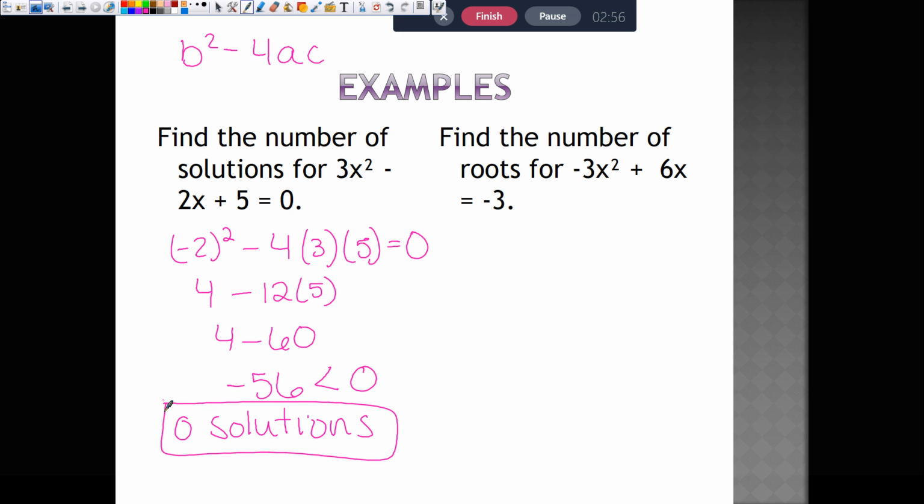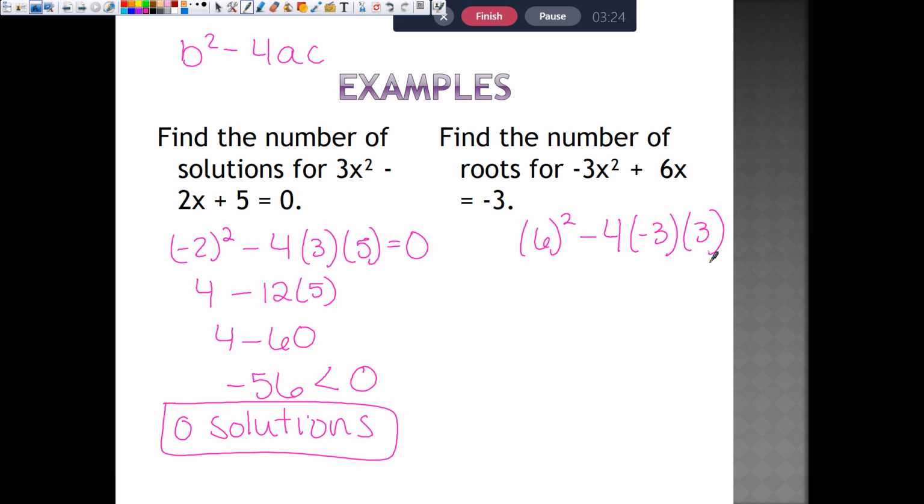Okay, let's do this one. So we're going to take 6 squared minus 4 times negative 3 times 3. Okay? I'm taking my b, 6, I'm putting in, taking my a, and then taking my c.